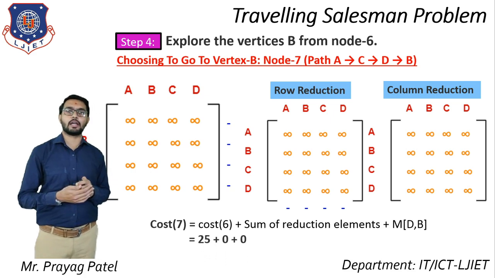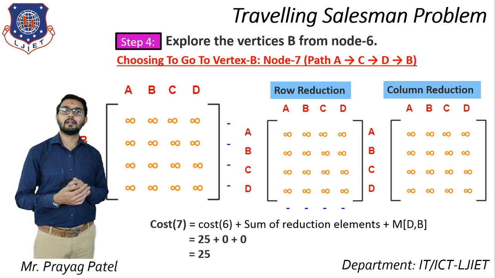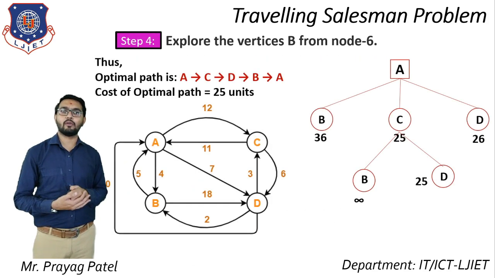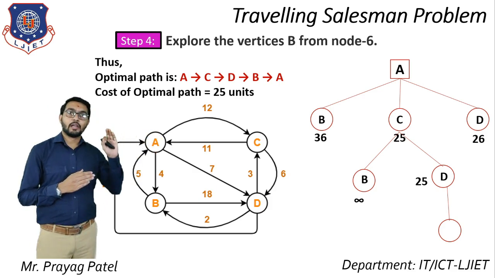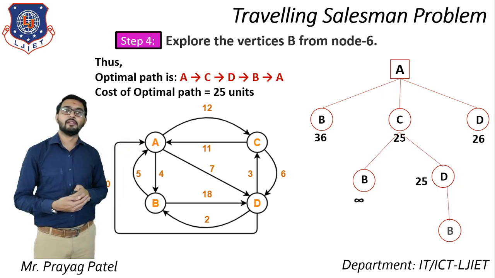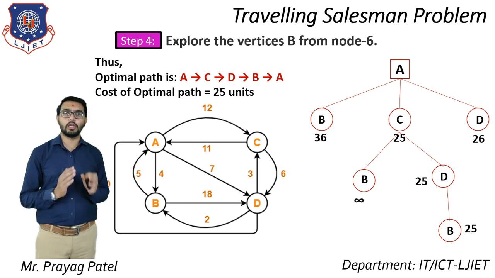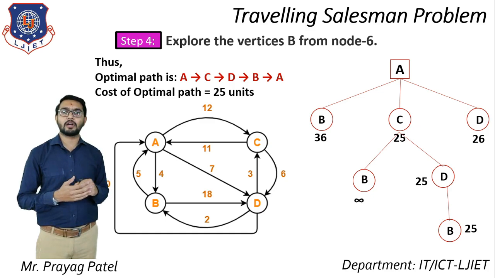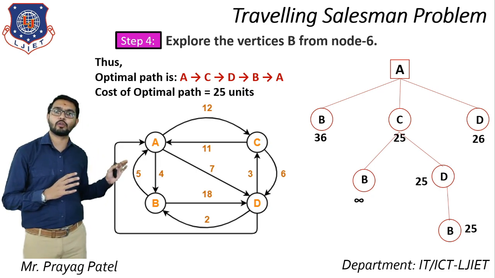So here the cost is 25 plus 0 equals 25. So the final cost is 25, and your resultant tree looks like this. After A to C, C to D, we perform the operation and visit the node from D to B. So here the next is D to B node and the cost is 25. So your final or optimal path for the traveling salesman problem is A to C, C to D, D to B and B to A, and the final or minimum cost equals 25.